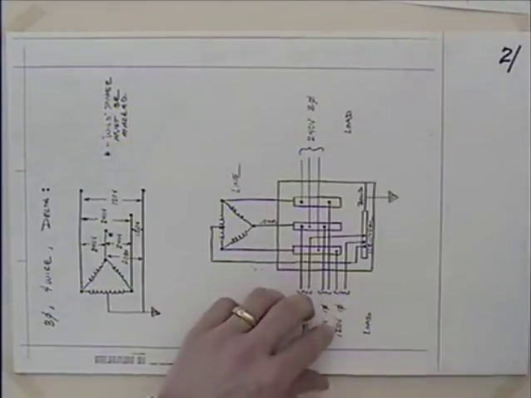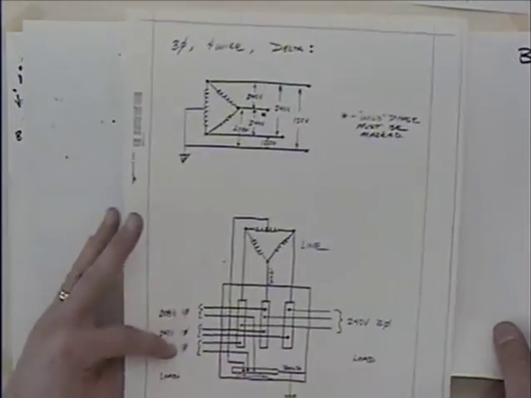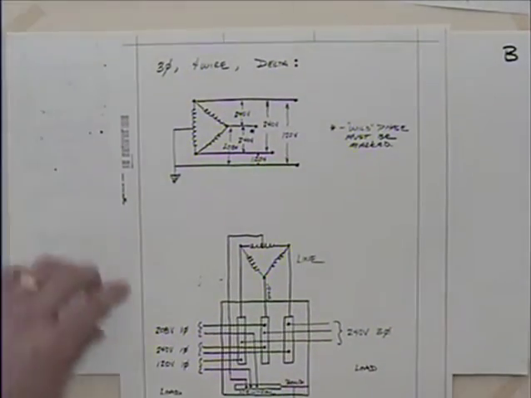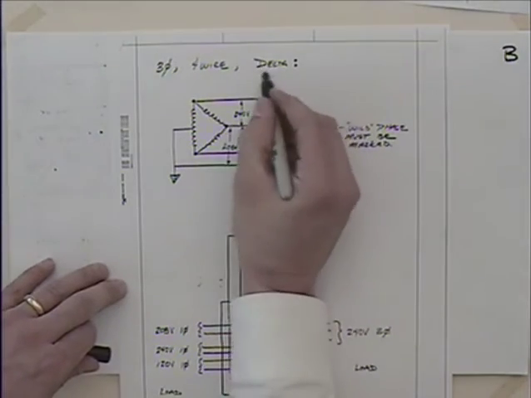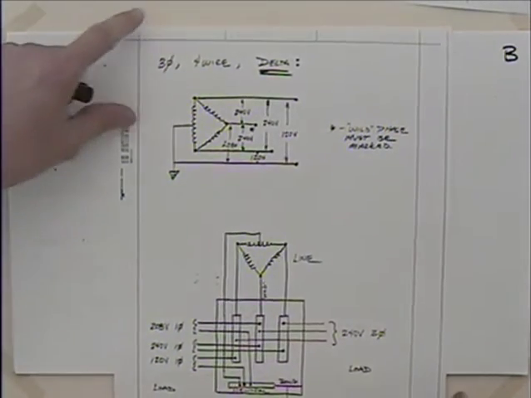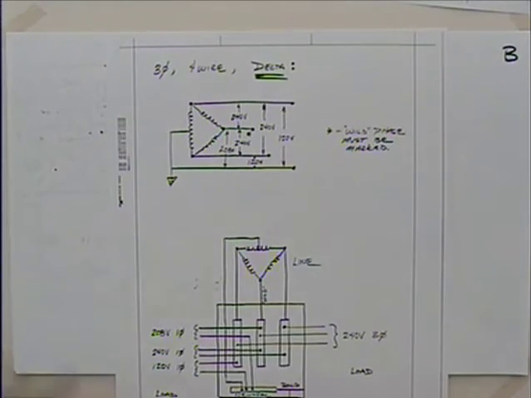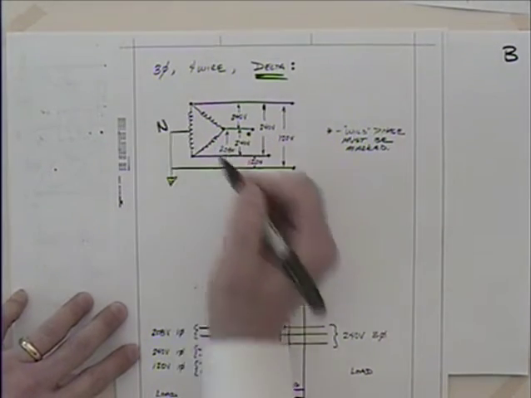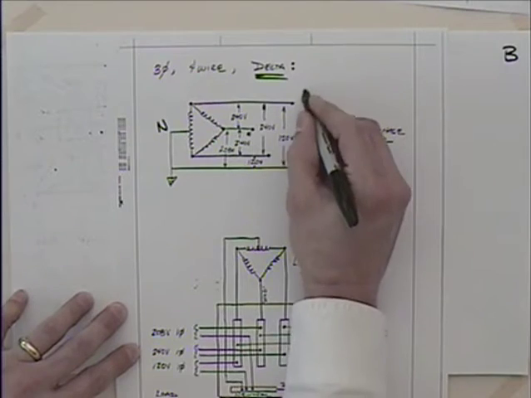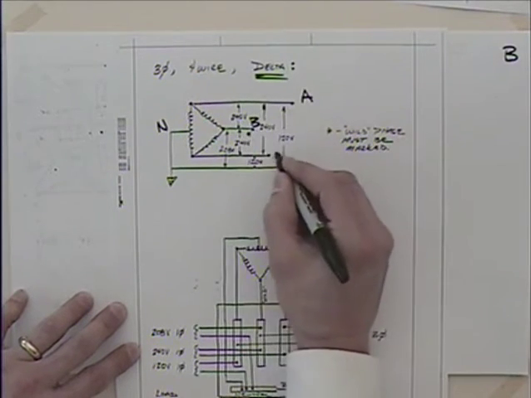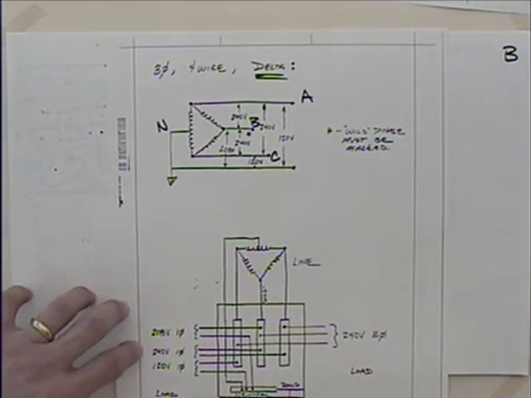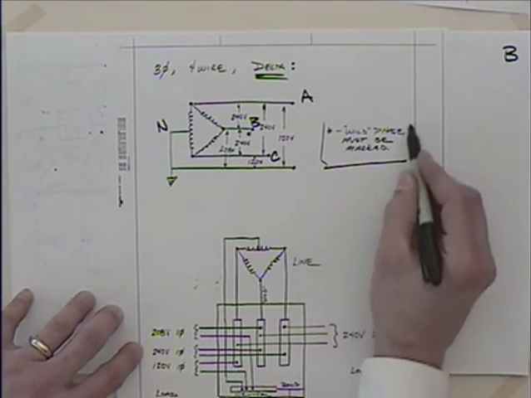The next picture, and that would be flipping over or turning the page in your handout, would be the delta system. This is probably a little more common. Okay, the 240 delta system. This is kind of nice. The neutral comes off the middle here, so that's the neutral. Then we'd have the A and the B and the C, and this indicates the wild phase.